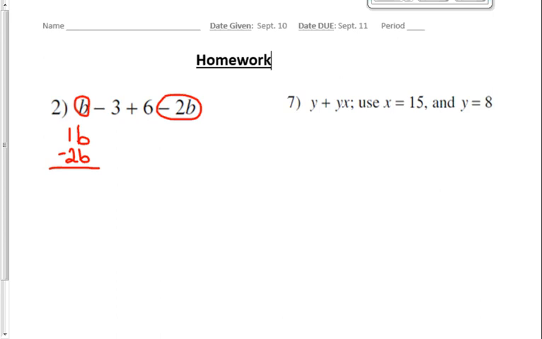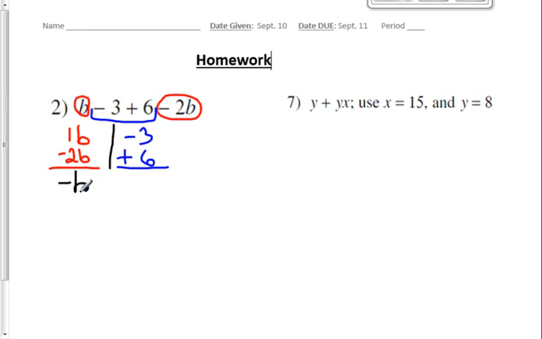On the other side, in the middle, I have our regular numbers. So I have negative 3 or minus 3, plus 6 or positive 6. If I'm looking at 1b take away 2b, that's actually, if you do it on your calculator, going to give you negative 1b.